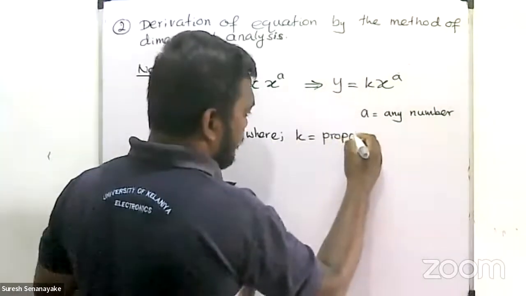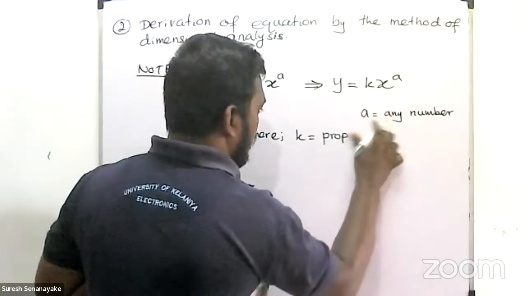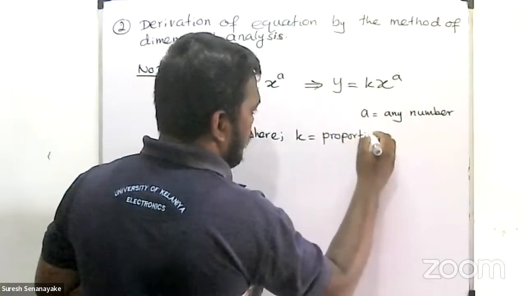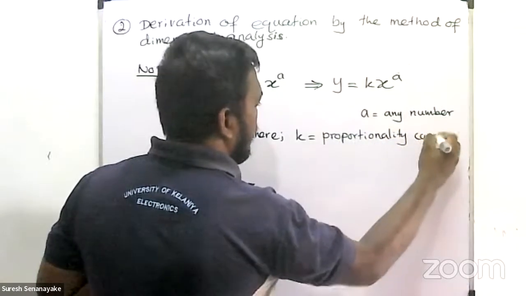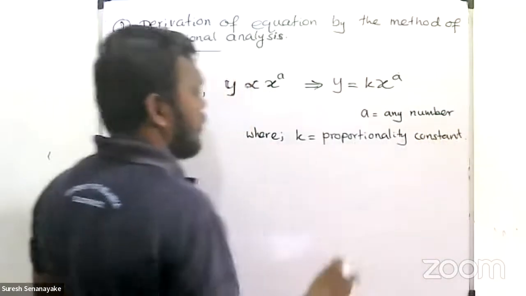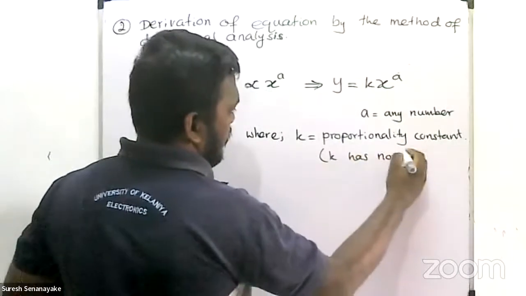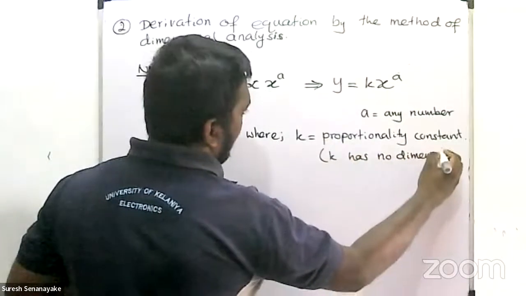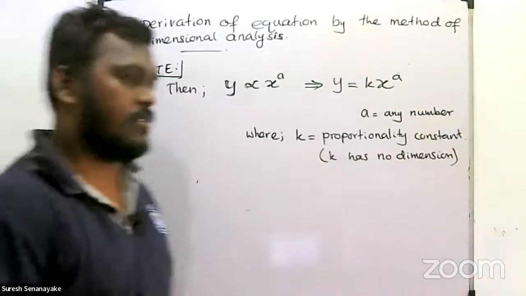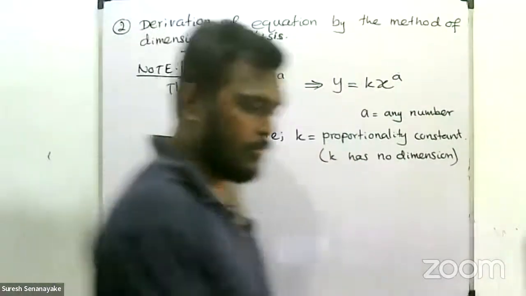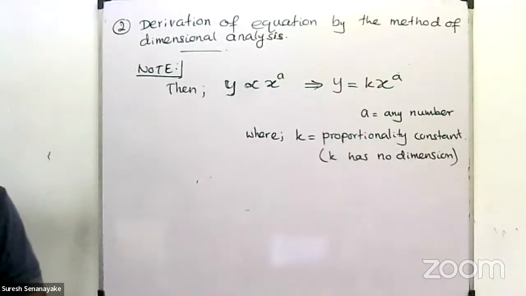The proportionality constant k has no dimension. This method deals with a constant that has no dimension. K has no dimension.